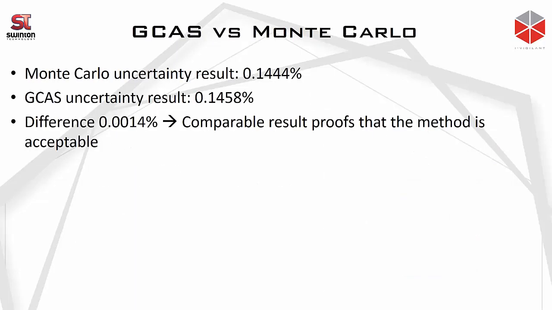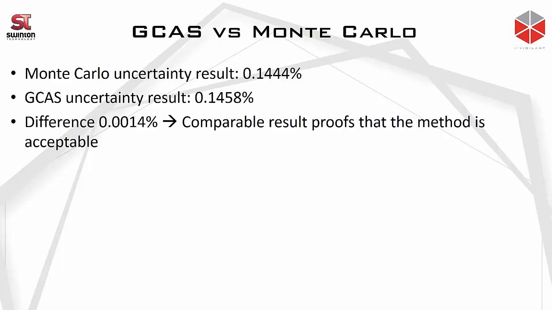So what we do next is compare it against the Monte Carlo result. If we remember, the Monte Carlo uncertainty result was 0.1444%, and in comparison, the GCAS uncertainty result is 0.1458%. So we have a difference of 0.0014.